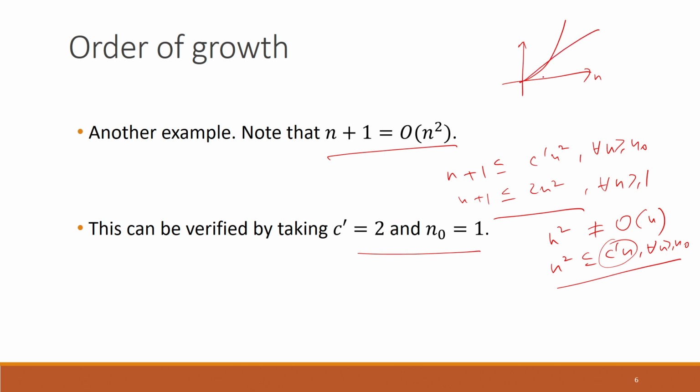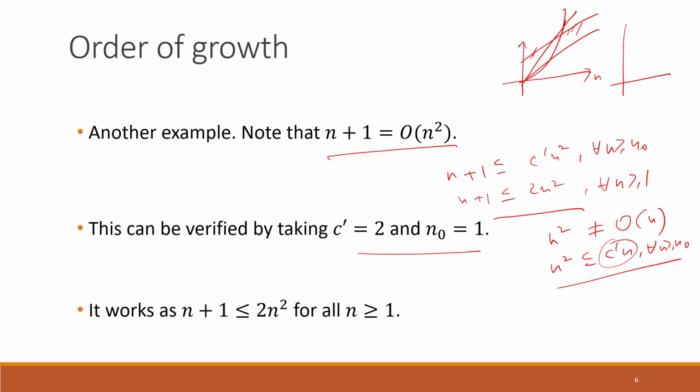If it is c dash times n, then it will be growing at a faster rate, but it will still be passing through the origin. So, you can see that this will never be the case. After some point n square will overtake this function c dash n.